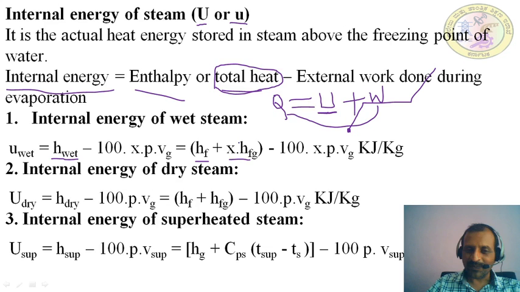Then subtract the work done during the dry saturated steam, 100 PVG.